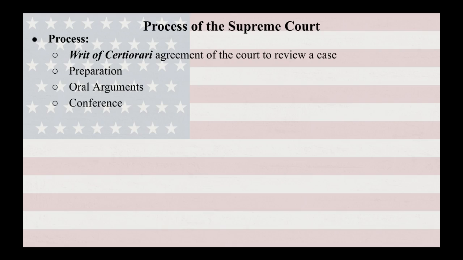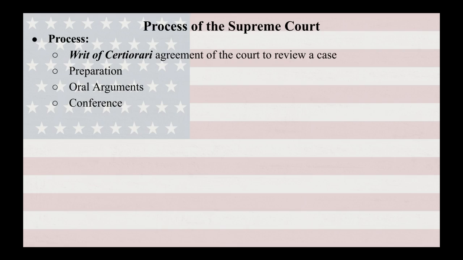Following oral arguments, a conference will be held. On Wednesdays and Fridays, the Supreme Court has their conferences. These are strictly private meetings with no outsiders permitted. This gives justices the opportunity to speak freely with one another. They discuss the case and eventually reach a decision on the basis of a majority vote. So in the conference, this is when they're going to come to their decision.